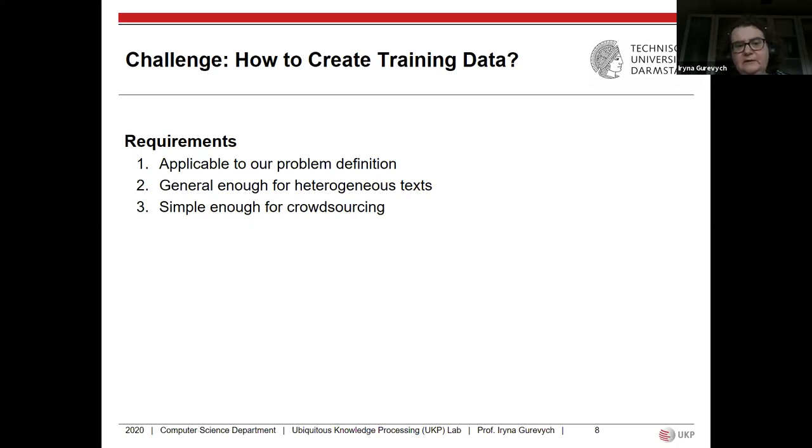Second, it should be general enough for heterogeneous texts. And third, it should be simple enough for crowdsourcing, because for the current deep learning models, we need a large amount of training data. So the annotation task should be scalable to obtain a high number of annotations.